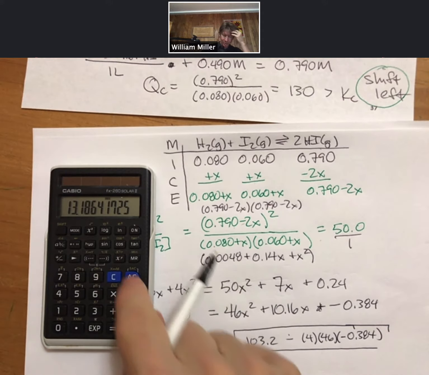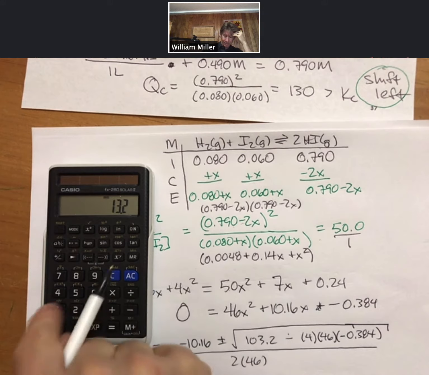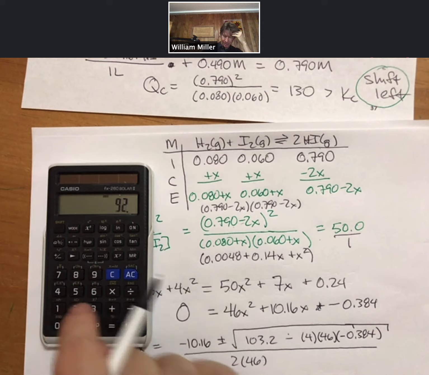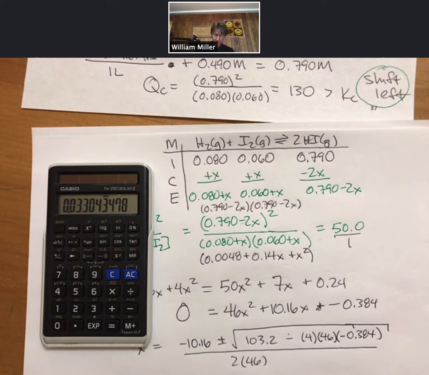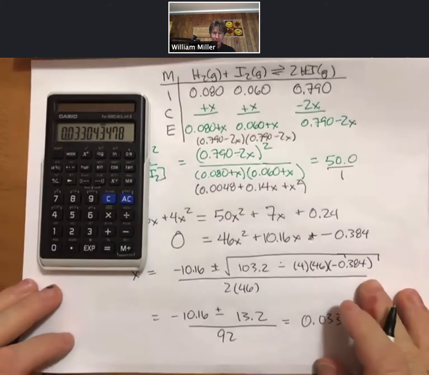Take the positive root, 13.2 minus 10.16 divided by 92. 0.033 molarity is my x. Am I still on screen here? Oh my goodness, there I am.